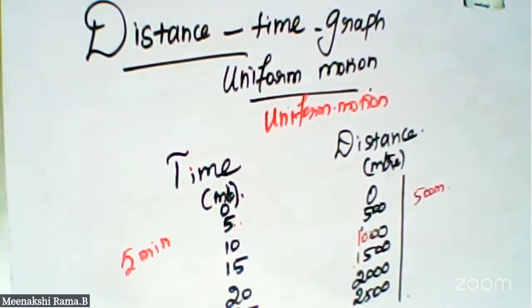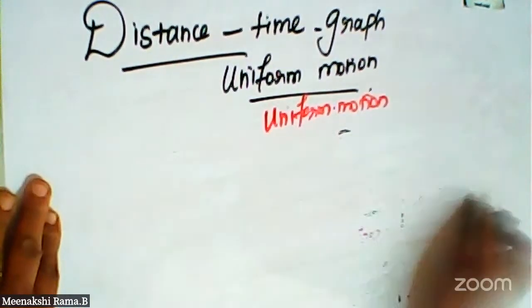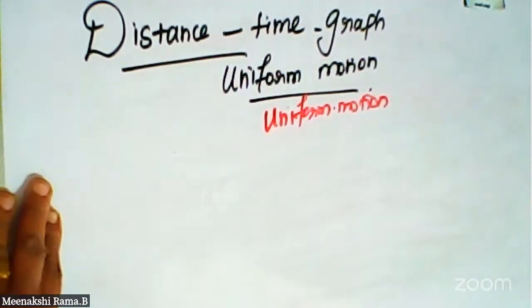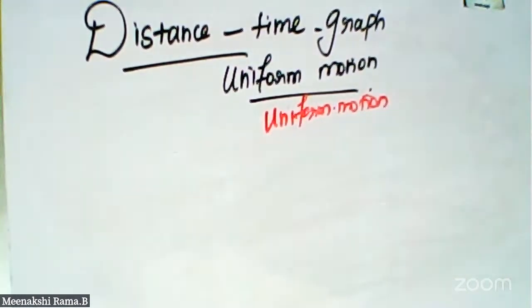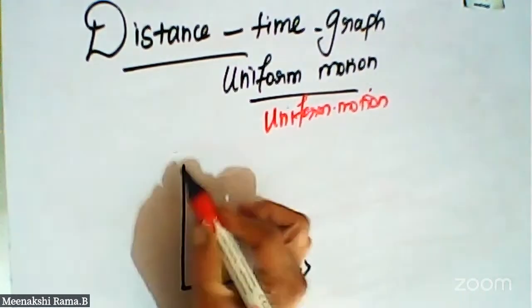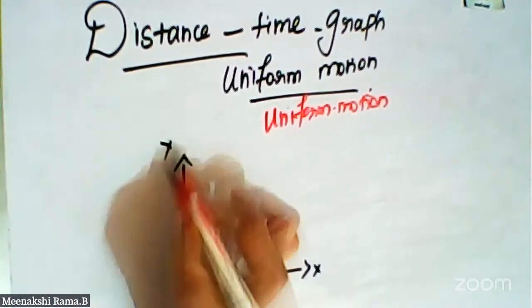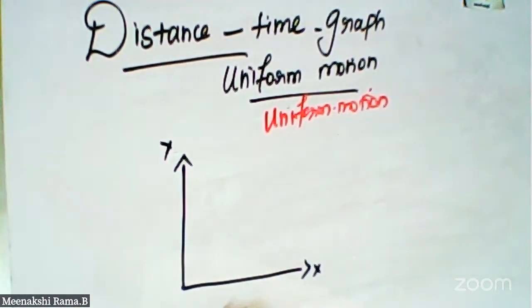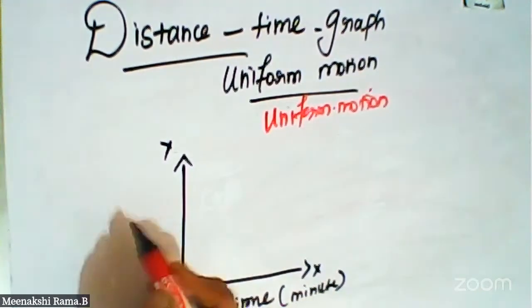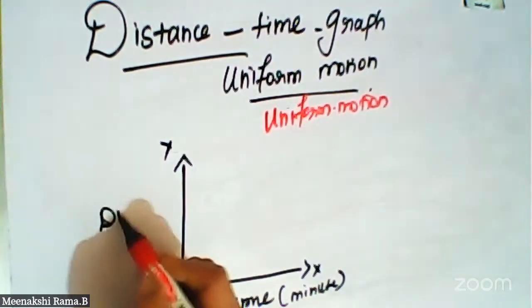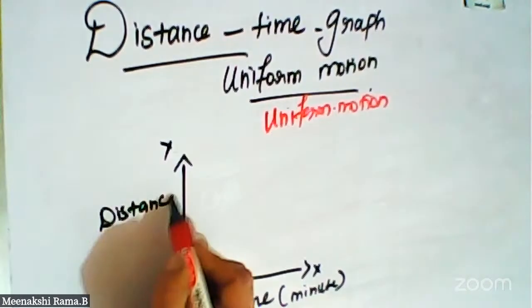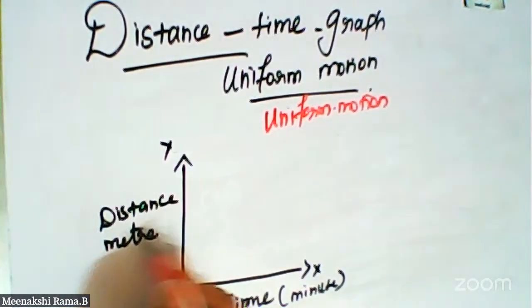When we want to draw a graph for this data, we need the x-axis and y-axis. So this is the x-axis, this is the y-axis. We take time on the x-axis, that is in minutes. The y-axis is distance, that is in meters.